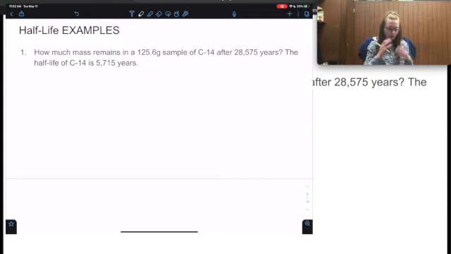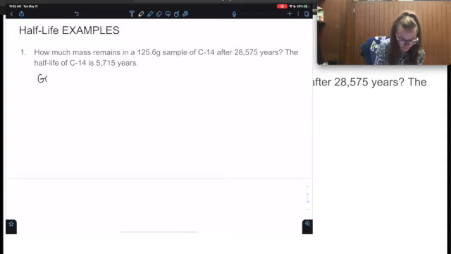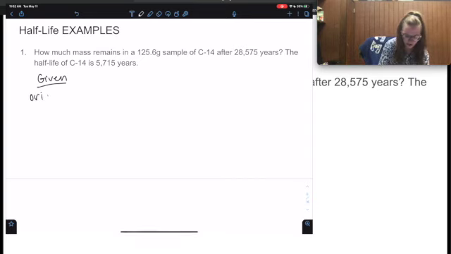So first, as always, we write down what we're given, and then we write down what we're looking for. Here we are given a 125 gram sample. That's going to be our original mass.